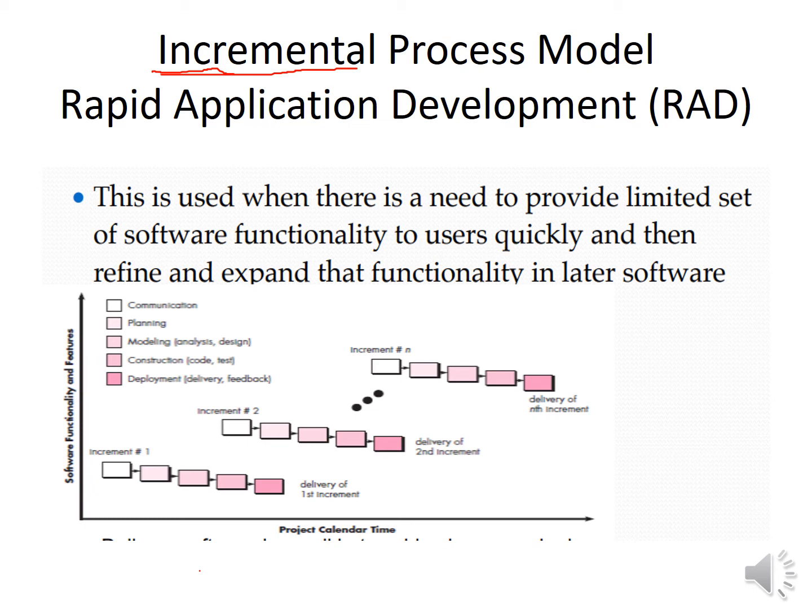So this is a very important and basic model that gives you rapid development rather than the waterfall model, because in the software market there are daily updates with new features and functionalities, and accordingly you have to make changes in your software to survive in the market. So for that purpose, rapid application development, that is the incremental process model, is very beneficial.